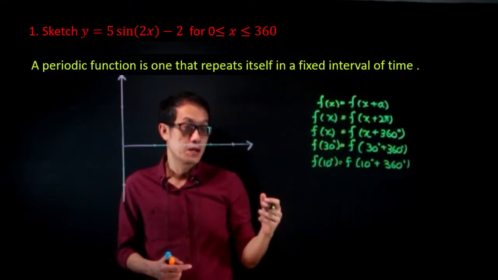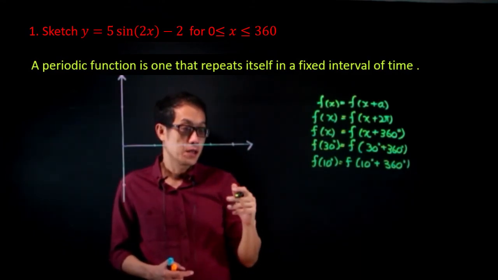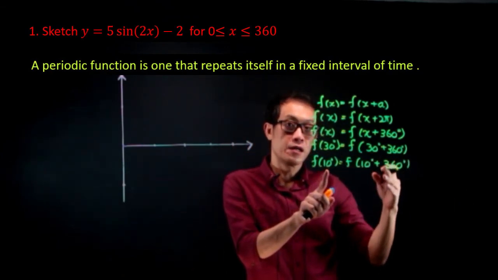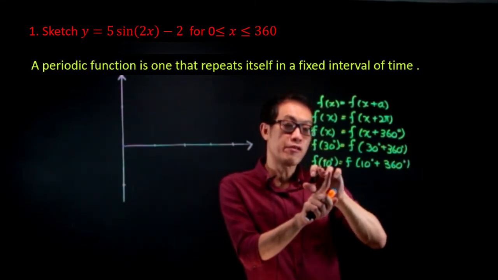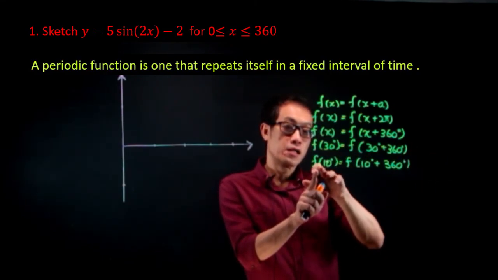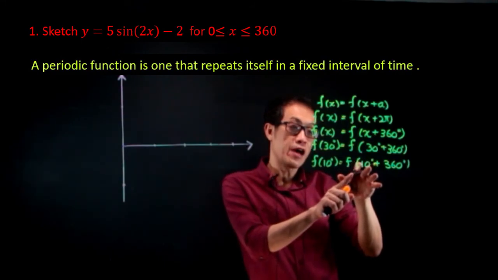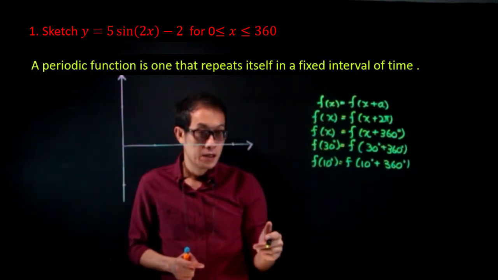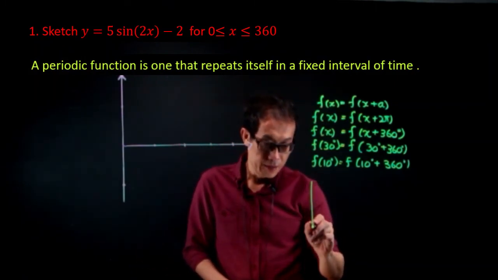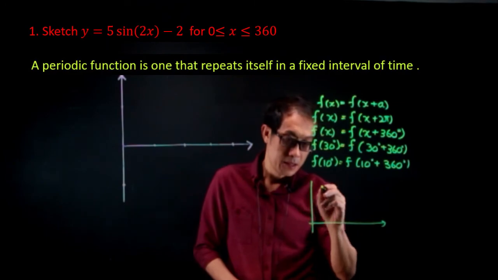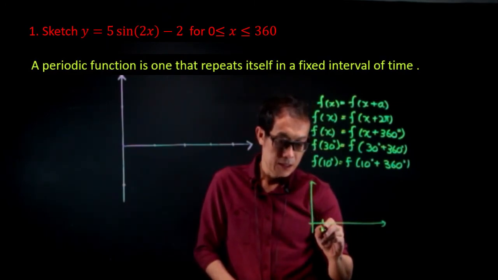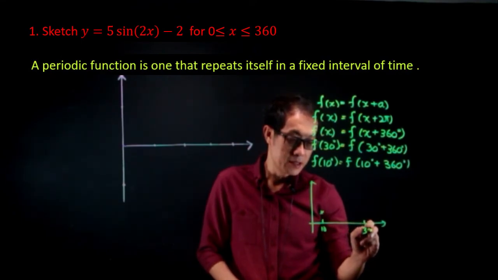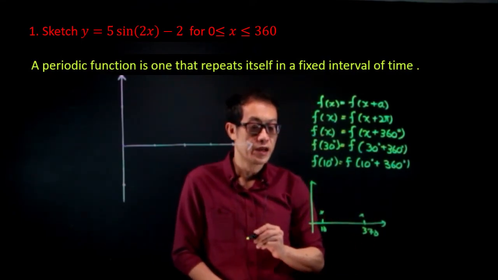That means for every 360, whatever value here, you will take the f of x. That means f of x will be equal to f of x plus 360. Now, if this is 10, you take this point, then 370 will also have this value.